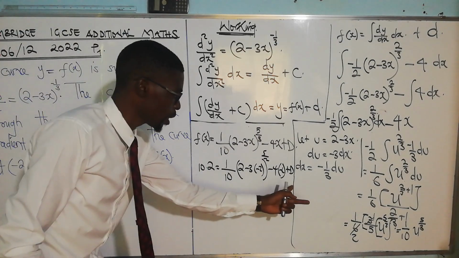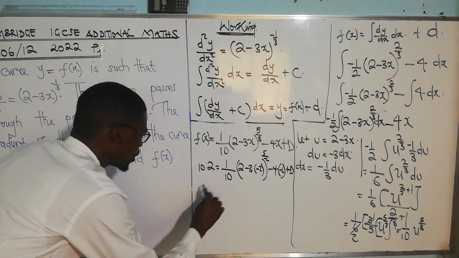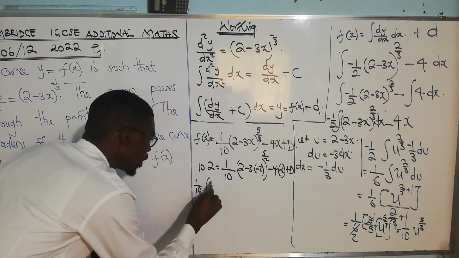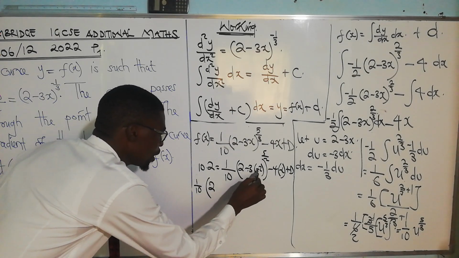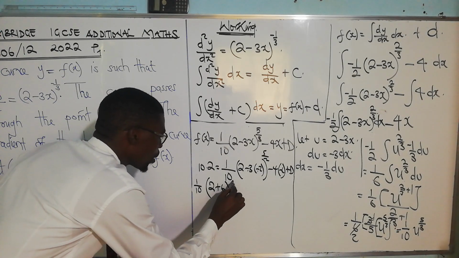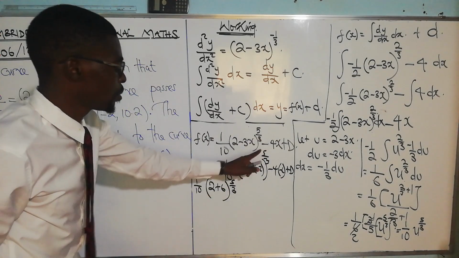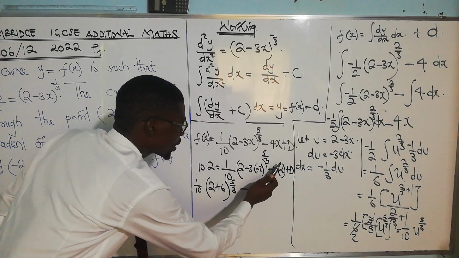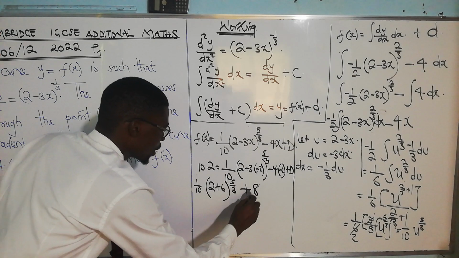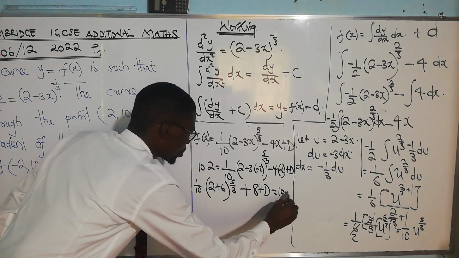Now this will be 1 over 10, then 2 minus 3 times negative 2 gives positive 6, everything to the power 5 over 3, then minus 4 times negative 2 gives positive 8, so that will be positive 8 plus d is equal to 10.2.